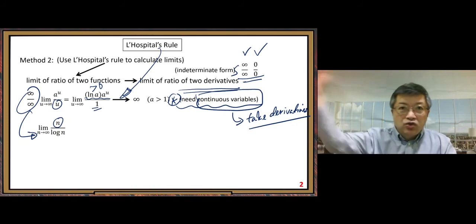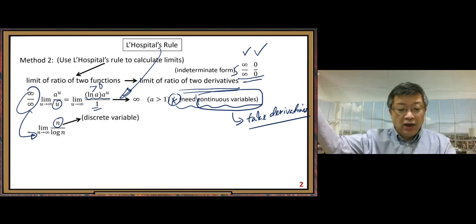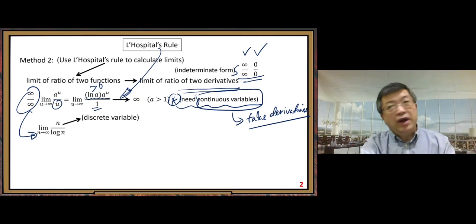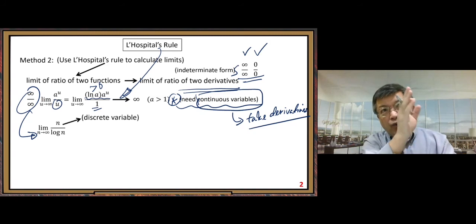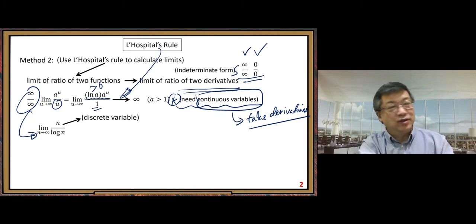Those are discrete values, right? Discrete, not continuous. So for the discrete variable, we cannot take derivative. If you take derivative, it's not rigorous math. So in our textbook, this part is not quite rigorous. So you should be careful.